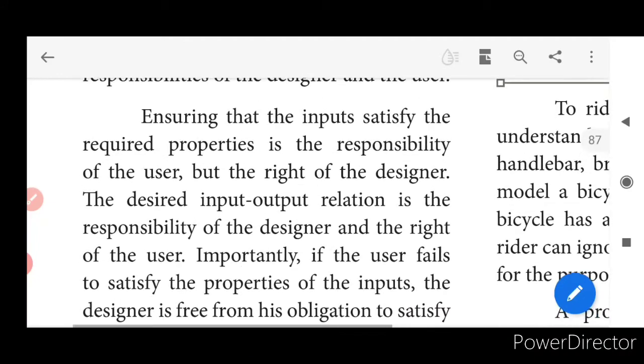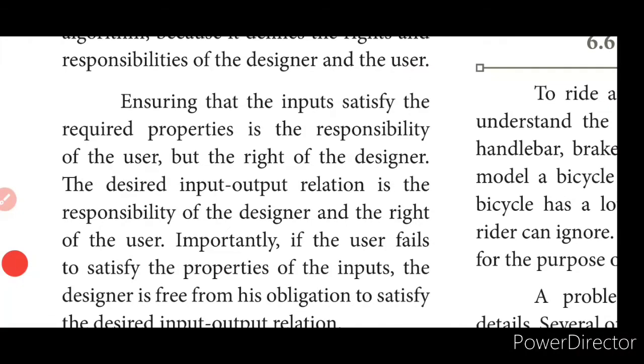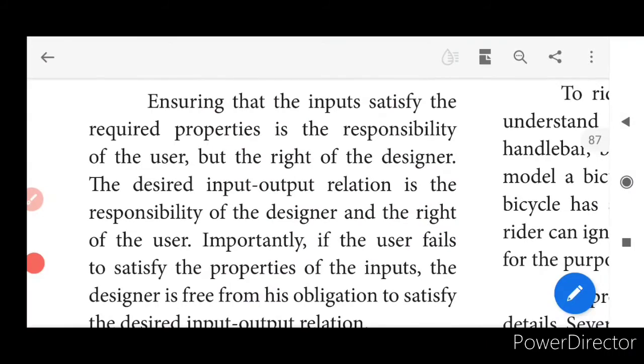What are they actually telling here? It is that if the user is clear with the inputs and is specifying everything clearly, then the output will be perfect. Clear? In case the inputs are not clear, then we cannot be very sure of getting the desired outputs. Is that clear, children?